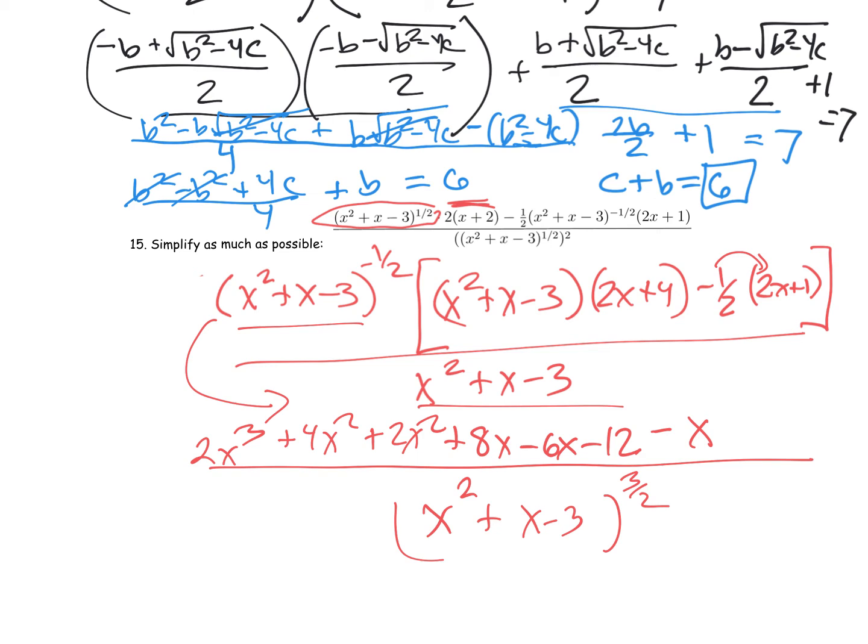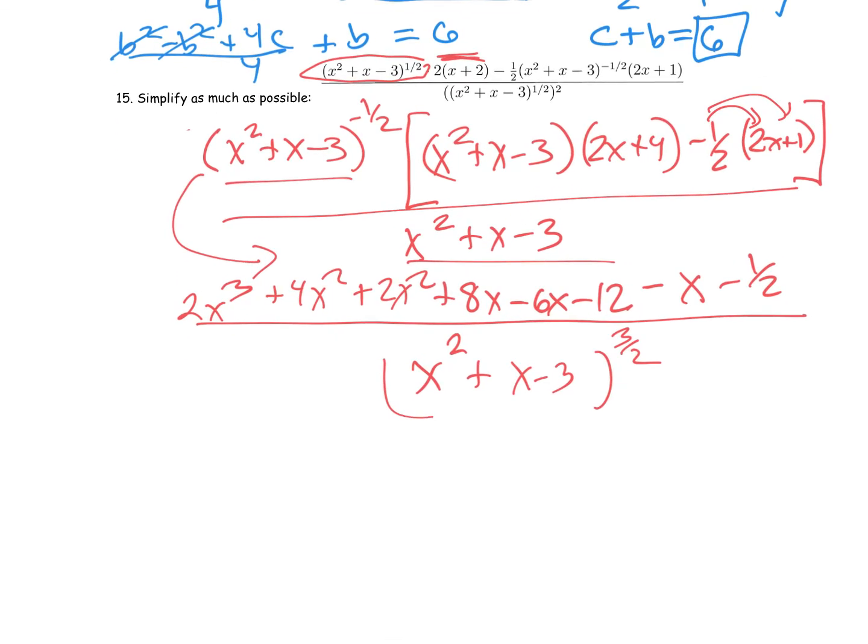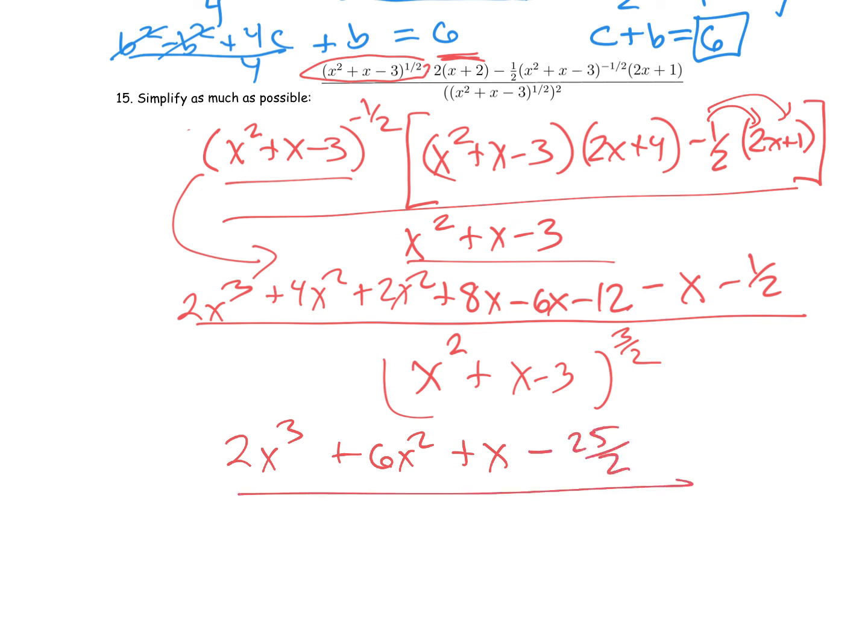I'm just distributing this now. Minus 1/2. Oof. Okay, so let's combine like terms. We've got 2x cubed plus 6x squared. Looks like I have 8 minus 7x, so plus x minus 12.5 or minus 25/2. And yeah, you can multiply the top and bottom to get rid of that because it is kind of ugly over this on the bottom.